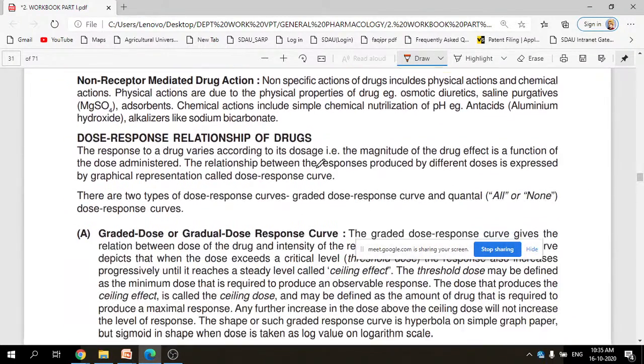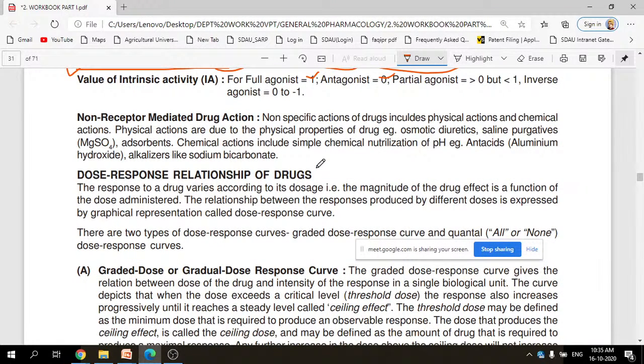Now, non-receptor mediated drug action. So far we have seen the direct actions of the drug through the receptors on the body, but there are certain drugs which do not act through the receptor. For example, I gave you the example in the morning of Eno, sodium bicarbonate, which neutralizes the gastric acid in the stomach and produces the antacid effect.